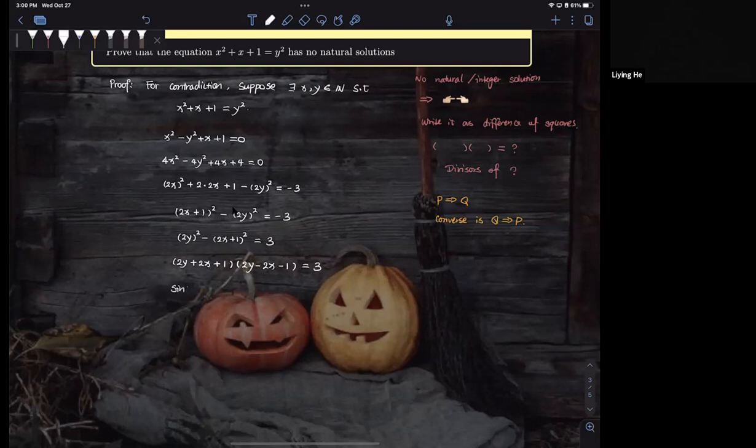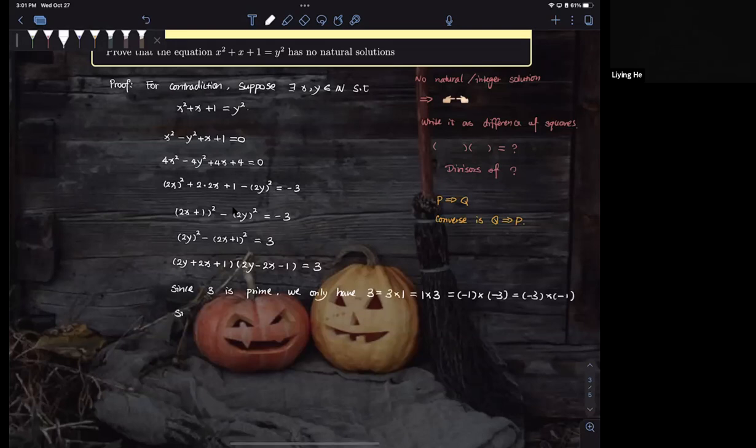Since 3 is prime, we should say we only have 3 equals 3 times 1 equals 1 times 3 equals -1 times -3 equals -3 times -1.